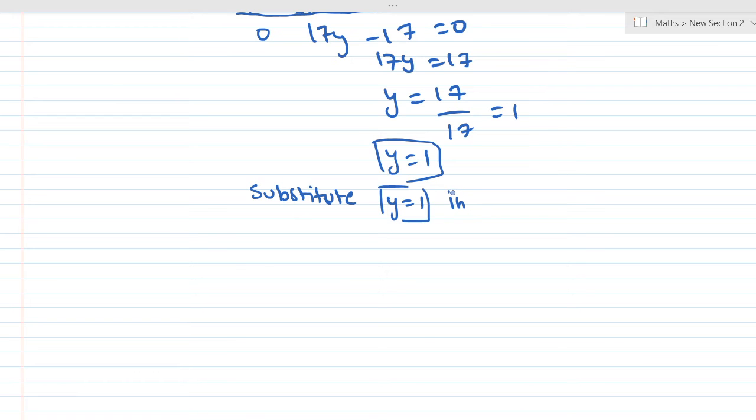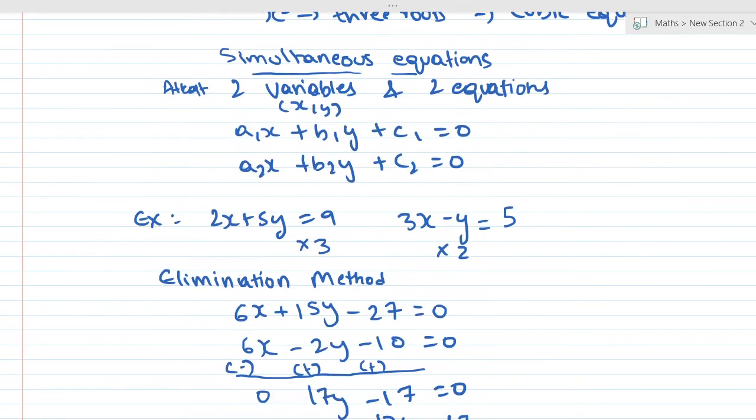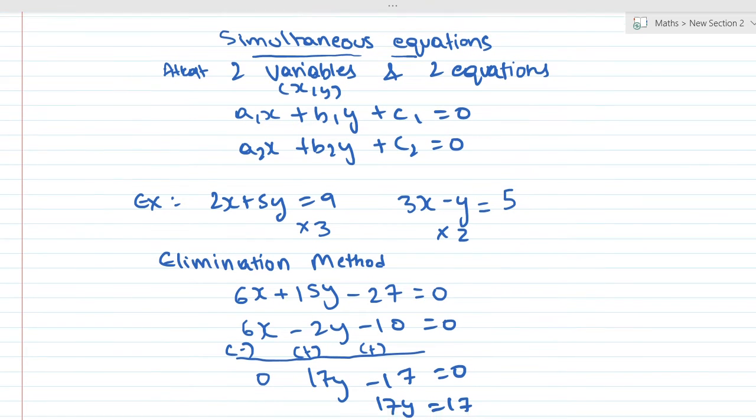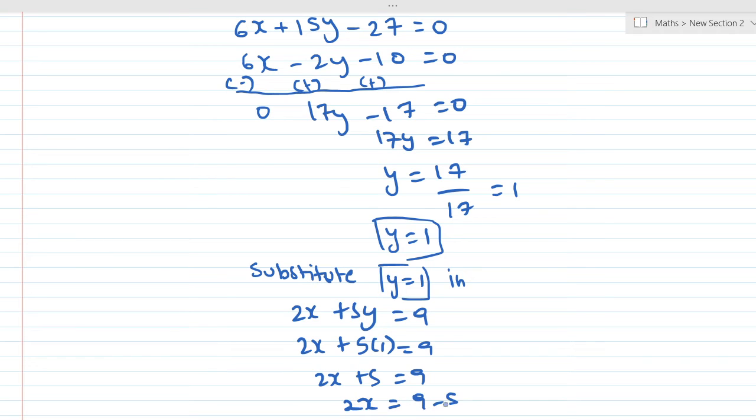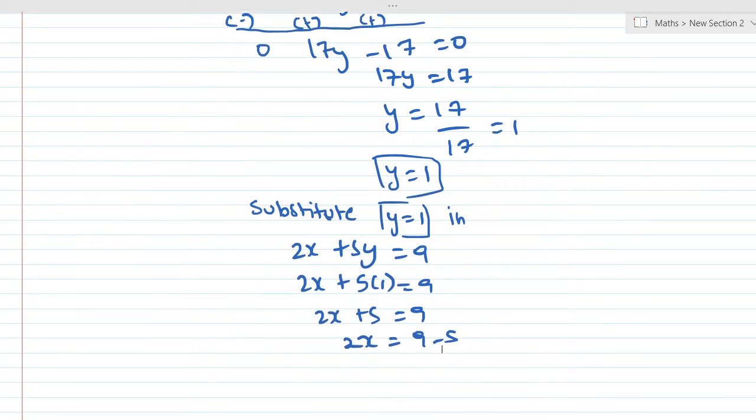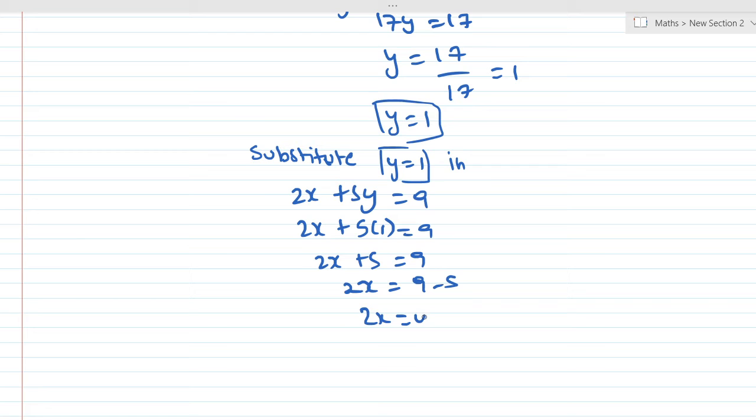We'll substitute it in equation 1. 2x plus 5y equals 9, so 2x plus 5 into 1. 2x plus 5 equals 9, 2x equals 4, x equals 4 by 2. So the value of x is equal to 2 and y equals 1.